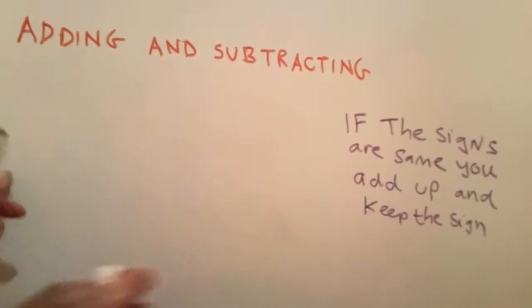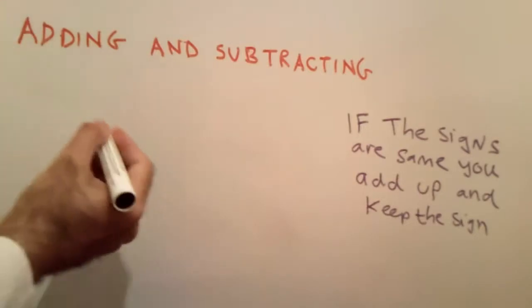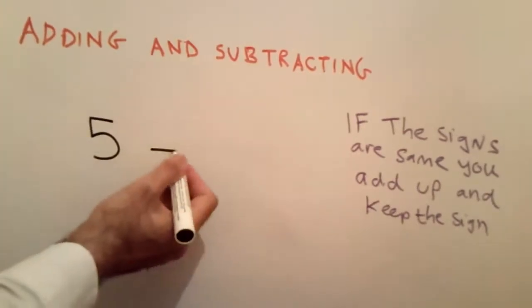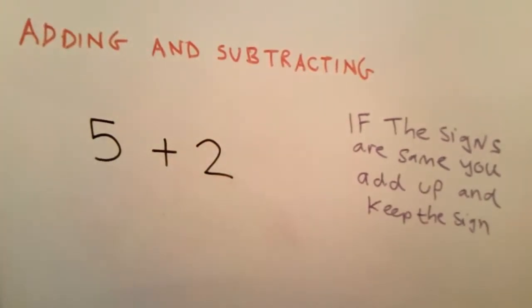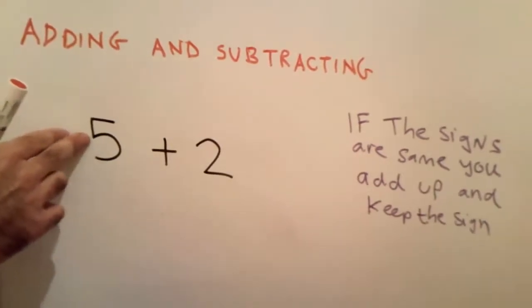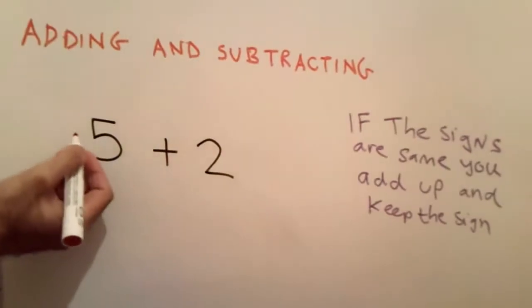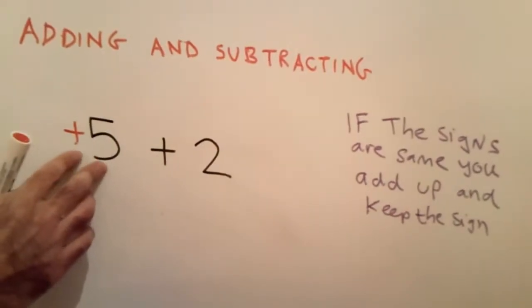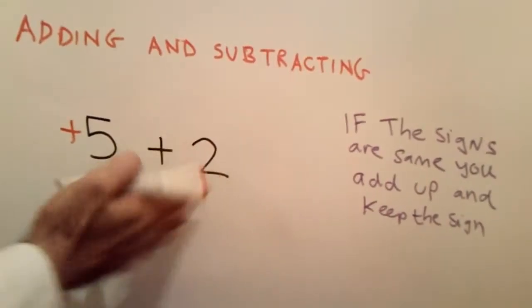Basically, when we have something like 5 plus 2, are the signs the same here? Yes, because if there's nothing there, we assume it's positive. So that's positive, and that's positive.